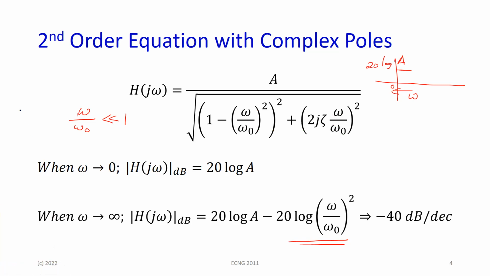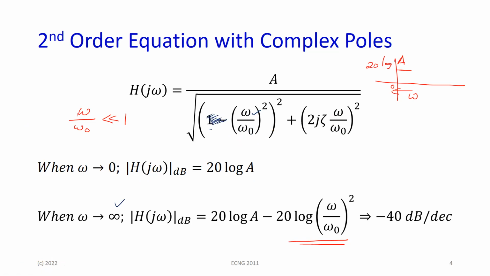Good. So when the other part now, when omega starts to get large, as omega starts to get large, first off, this is going up, right? So as omega starts to get very big, omega over omega naught, first off, is going to get bigger than 1. So in comparison to 1, as omega starts to get large, you could ignore that.